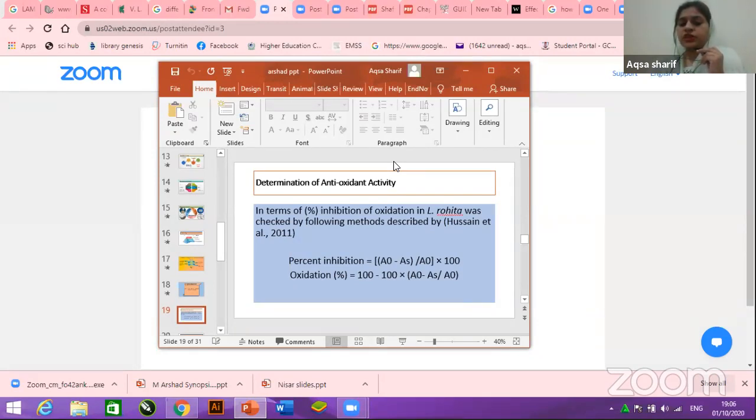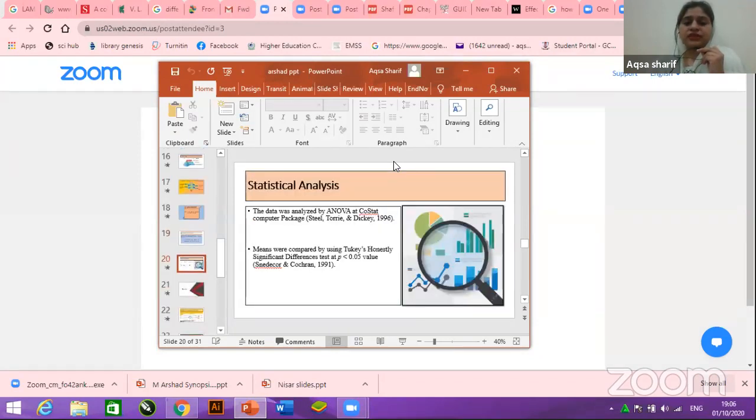The percent inhibition is equal to absorbance of the control minus absorbance of the sample, and hence oxidation percentage was also evaluated. For statistical analysis, all the data was analyzed by one-way analysis of variance, ANOVA, in the COSTAT computer package, and then the means were compared by Tukey's honestly significant difference test at probability less than 0.05.